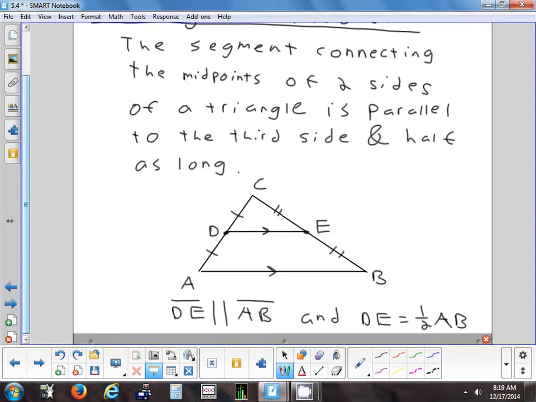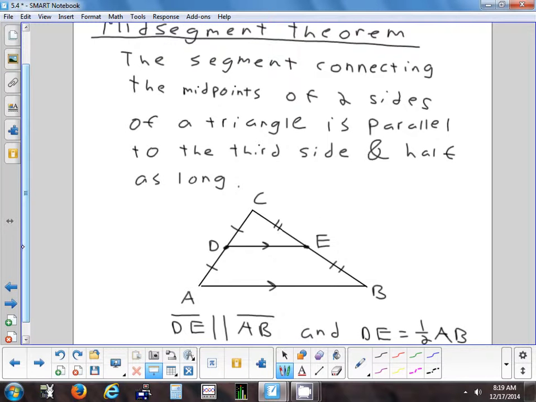Okay, so I found the midpoint of AC and BC, marked those points D and E, connected it with a segment, and this theorem says that DE and AB are parallel, and DE is half the length of AB. Or you could say AB is double DE. You could say it either way. It means the same thing.